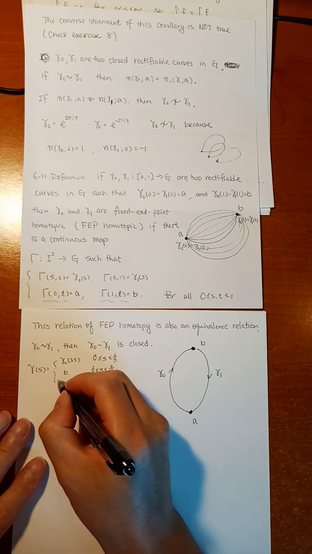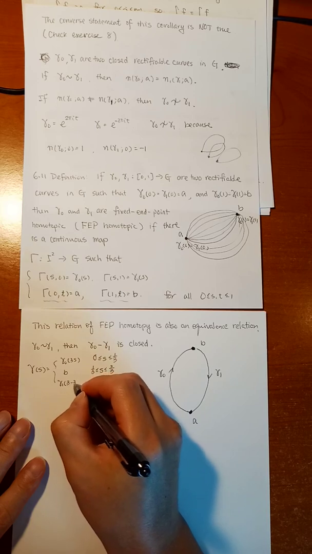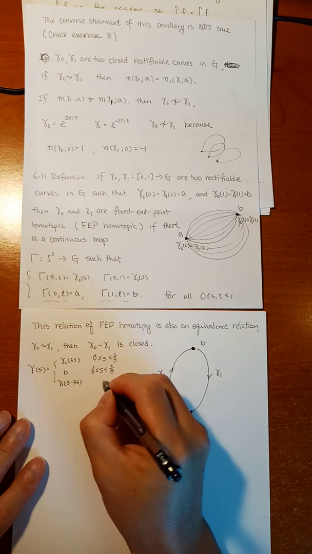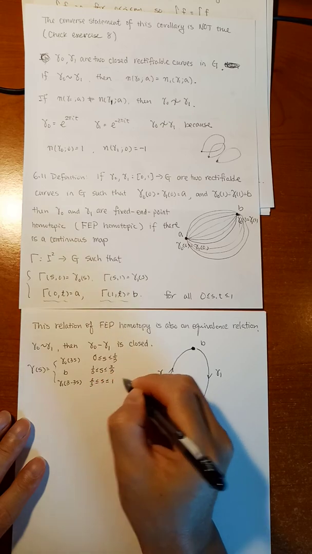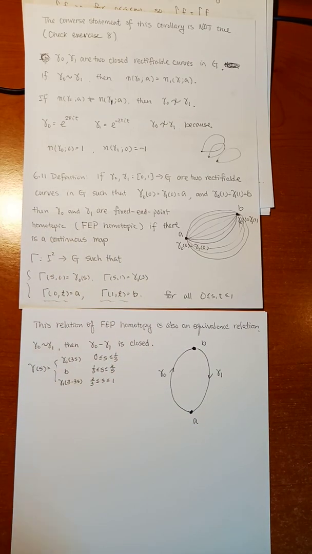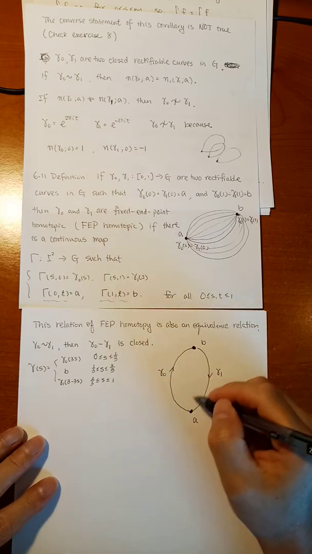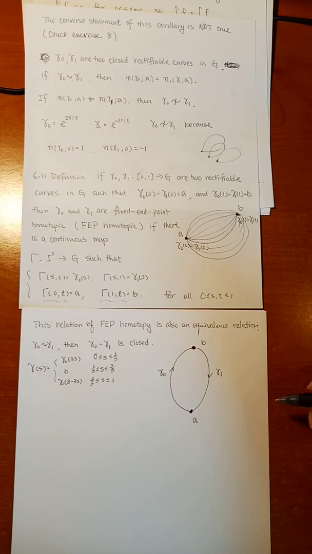And then I will get gamma 1 of 3 minus 3s if s is between 2/3 and 1. I will go back. So this is a curve.